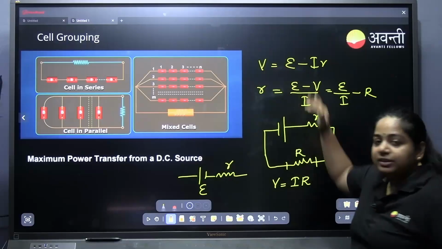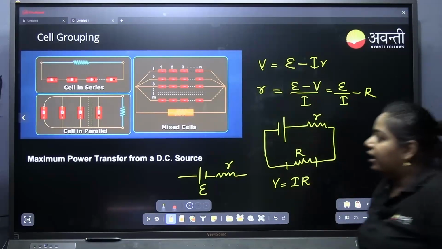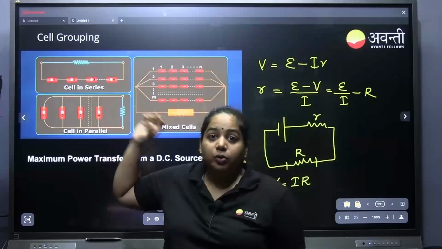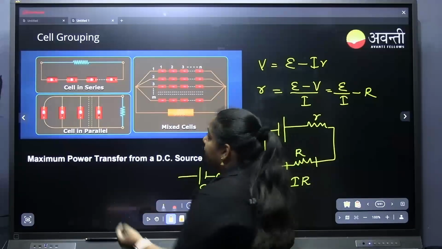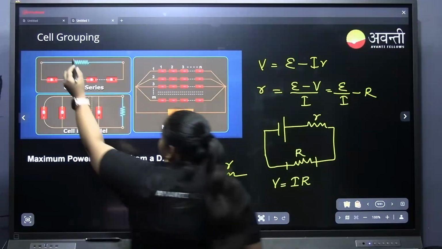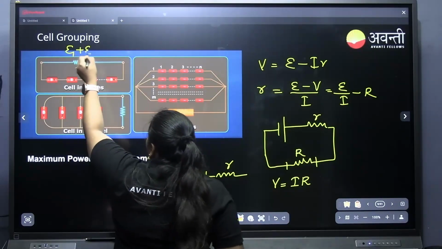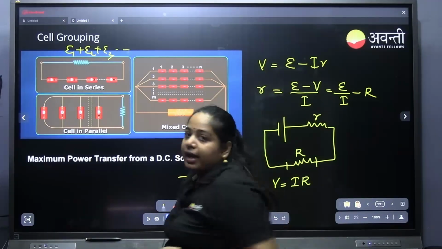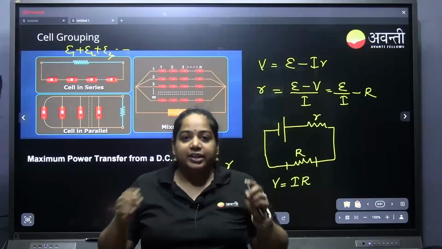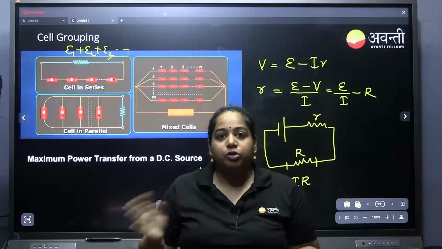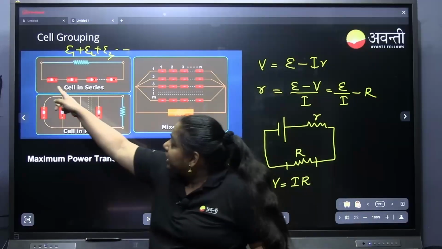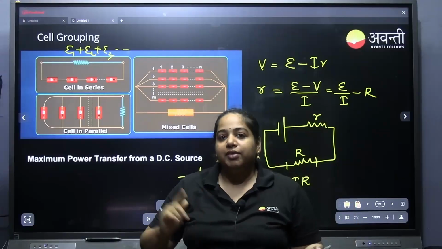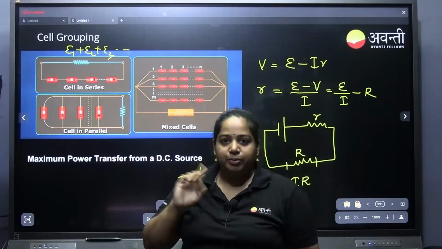So first, this is about one cell. If we connect cells in series and parallel, what will happen to the effective EMF? When we are connecting in series, it will get directly added up, E1 plus E2 plus E3, etc. You have to see whether it is connected positive to positive or negative to positive. If it is connected negative to positive and the next negative to positive, we directly add V1 plus V2 plus V3.